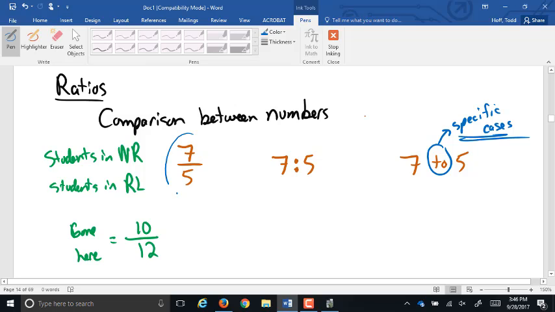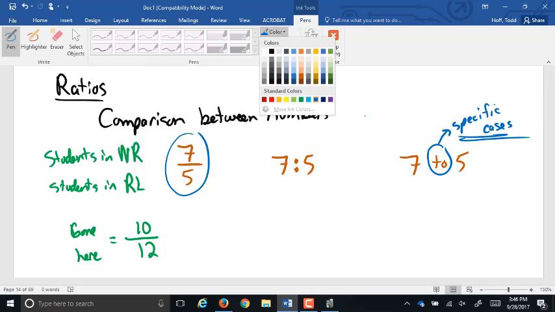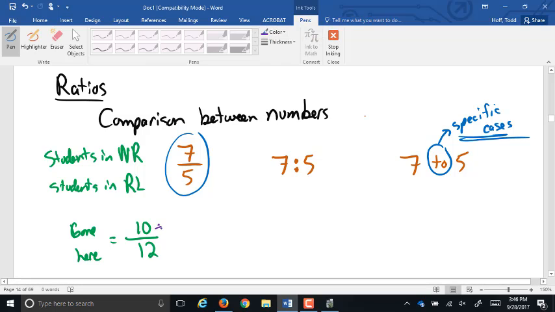I usually write my ratios as a fraction because there are a lot of things I can do with my ratios that are similar to what I can do with a fraction. First of all, 10 over 12, both 10 and 12 can be divided by 2. So it's a little bit simpler to say that it's a 5 to 6 ratio rather than saying a 10 to 12 ratio.